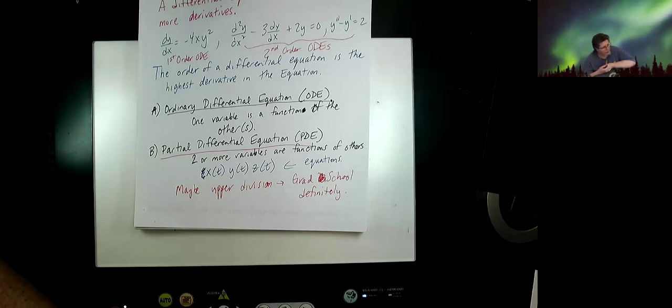And guess what? I had you do one of these or gave it to you as an option on one of your tests already. One of your tests, the extra credit problem was this equation. I think it was your guys' class. Maybe it was Calc 1. This solution satisfies this equation, show that it does.